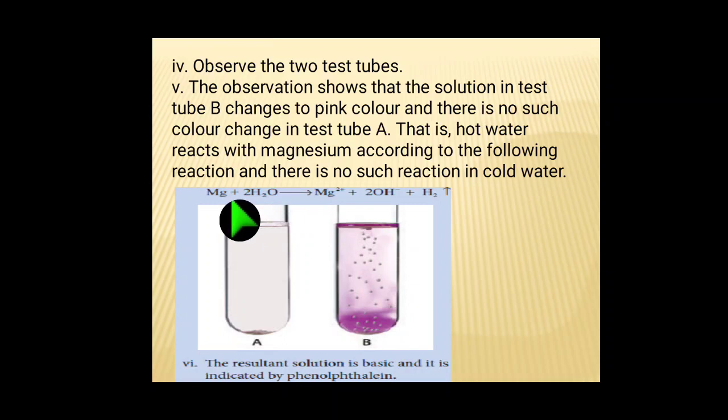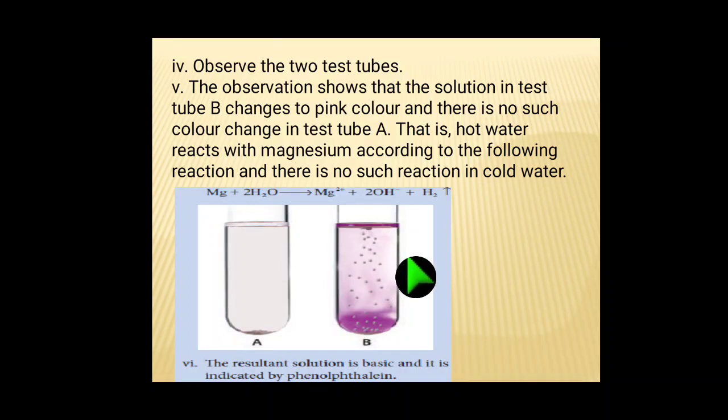So what is the reason? You can see the equation, magnesium with hot water: Mg2+ ions and 2 OH- ions form, and hydrogen gas is liberated. The bubbles show the hydrogen gas liberated, and the pink color appears. The resultant solution is basic, and it is indicated by phenolphthalein.